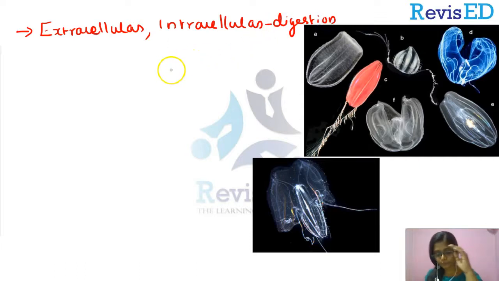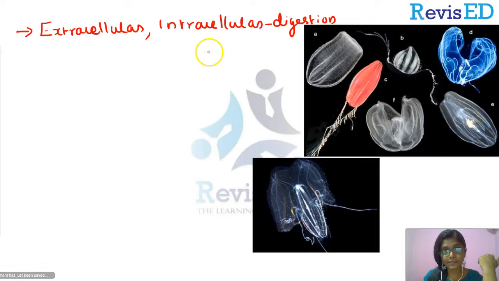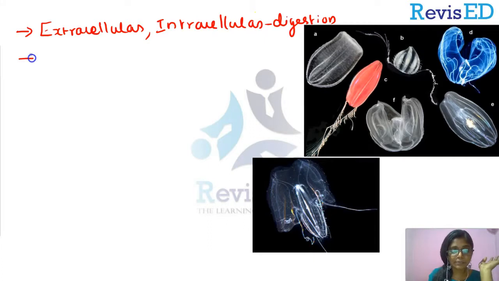Extracellular digestion is when digestion takes place outside the cell by the enzymes secreted by the cell. When digestion takes place inside the cell, it is known as intracellular digestion. So that is about digestion.